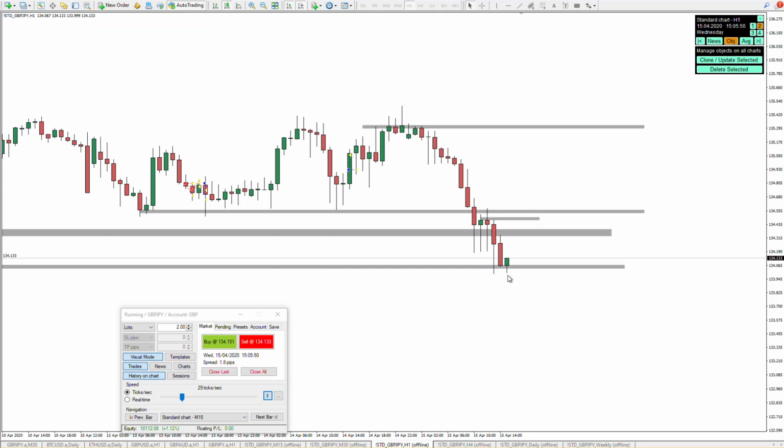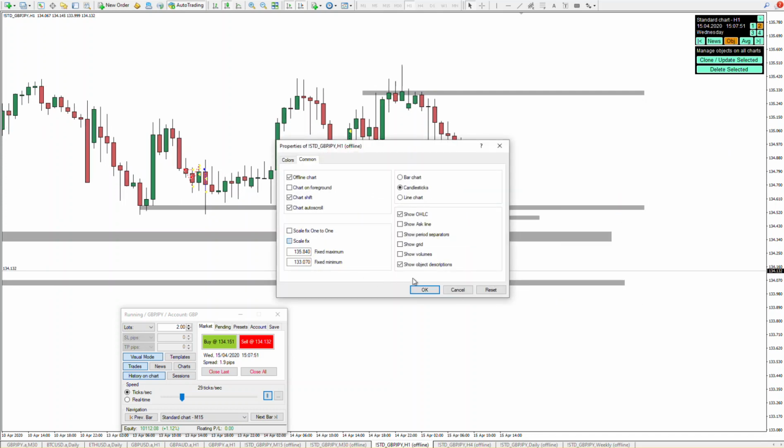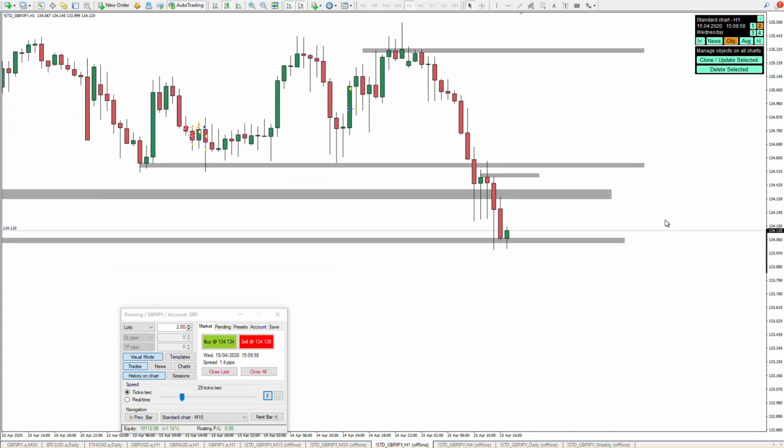If now price breaks the low of this current candle, I will be happy to sell. That's my sell. Bit more to break this.